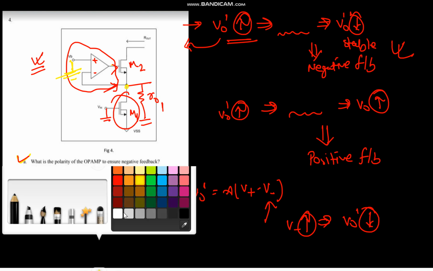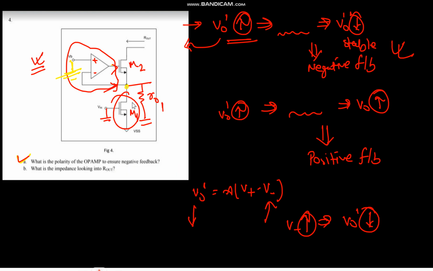But here I am having I output into R output 1 voltage, right? Now here what will I have? Here I will have gain A into I output into R output 1, with a minus sign. So V positive is 0, so this would be my value here. Okay, so minus A into I output into R output 1.